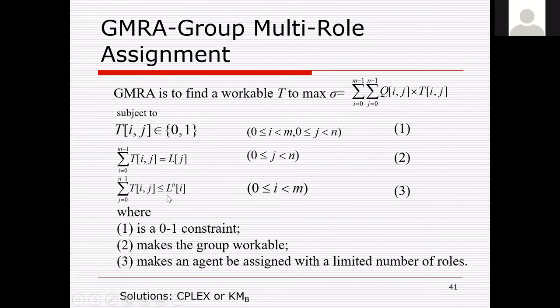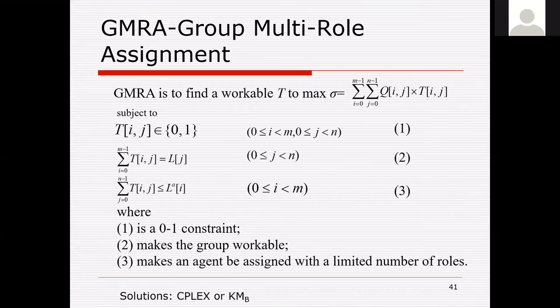Did you know what the difference is? Originally it is 1, but now it is changed to LA. Only such a difference. For a concrete problem it's not a big deal, but for abstract problems it covers totally different categories of problems.